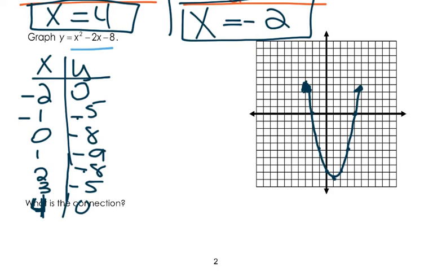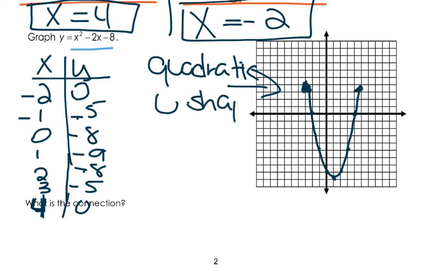Okay. So if you notice, this is my quadratic. And it makes a U shape. And something that I'm going to point out is where the roots, these solutions lie. And if you notice, they're actually right here. Okay, it's where it's intersecting the x-axis.